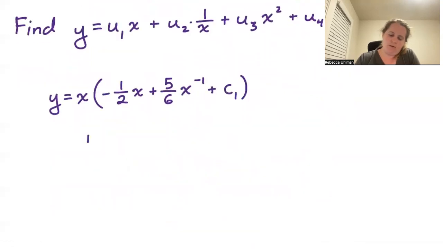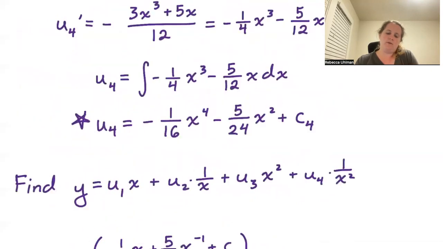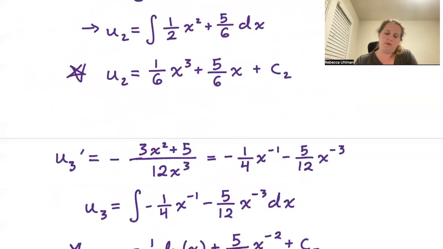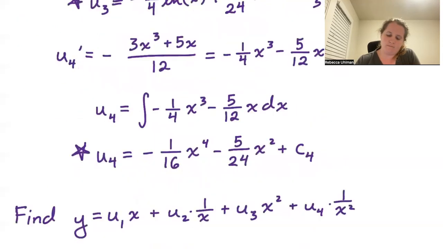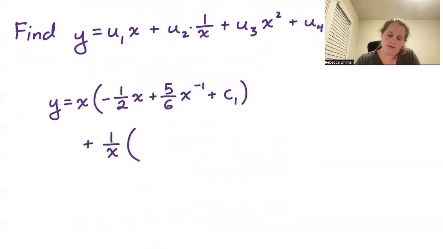Then we have plus 1/x times our u2, I apologize for all the scrolling, was 1/6 x cubed plus 5/6 x plus c2. So we'll do 1/x times 1/6 x cubed plus 5/6 x plus c2.